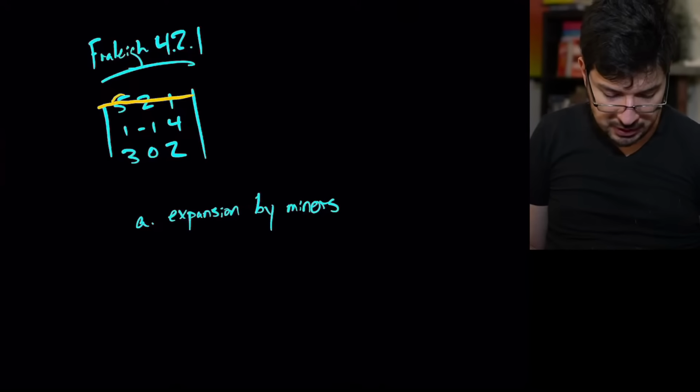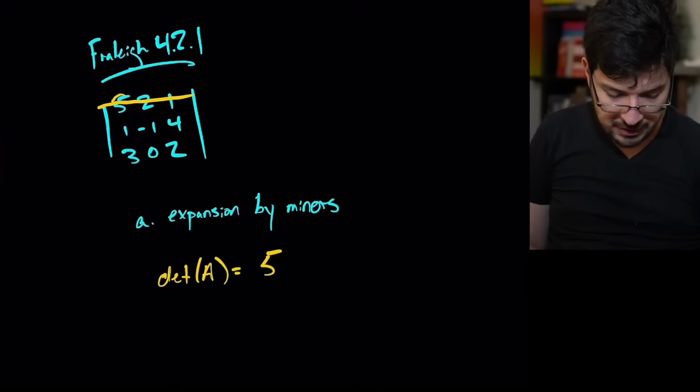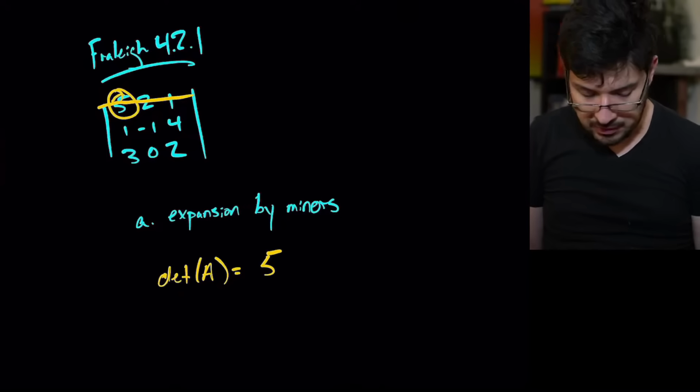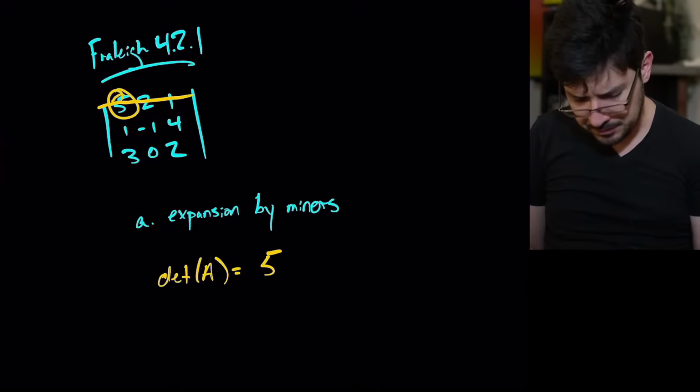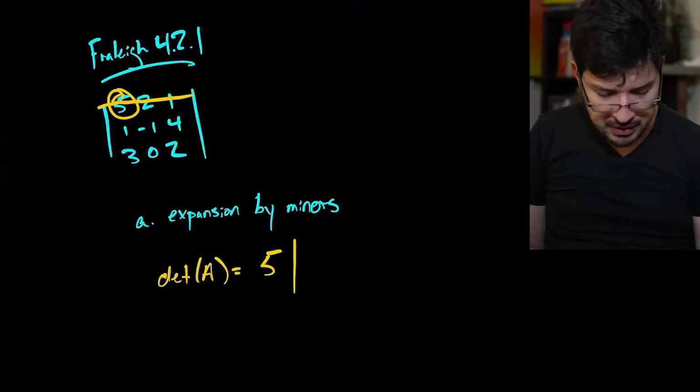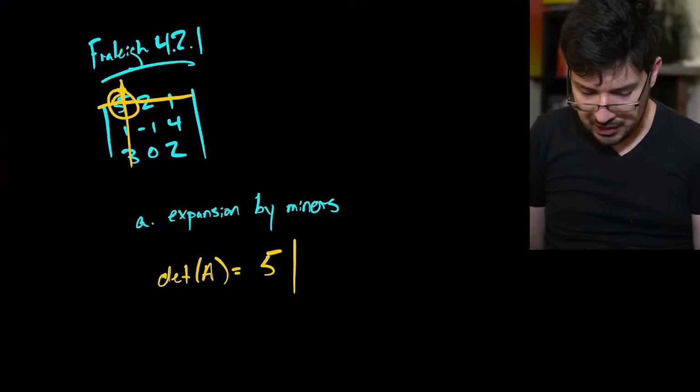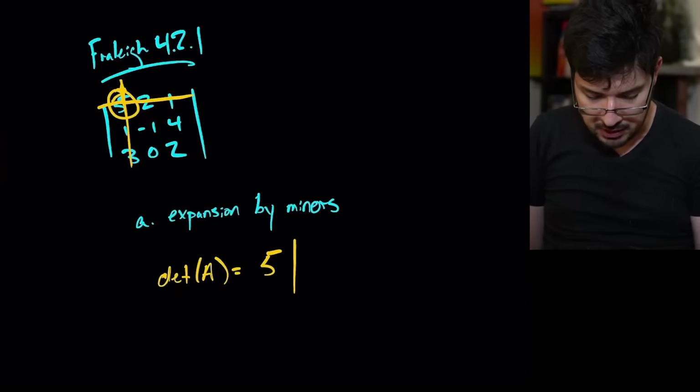So this determinant of that matrix is going to be 5, which is that cofactor, 5 times the determinant of the remaining matrix if I cut out that row and column. So 5 times -1, 4, 0, 2.